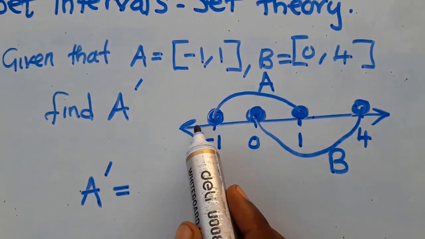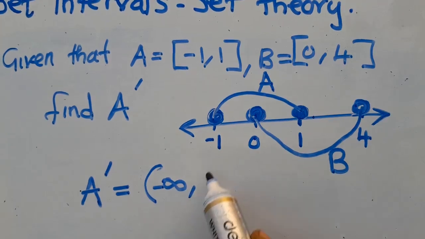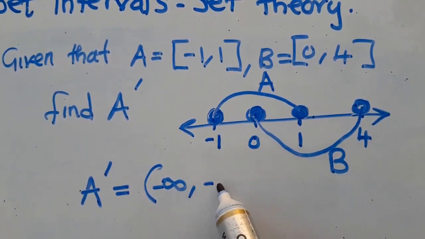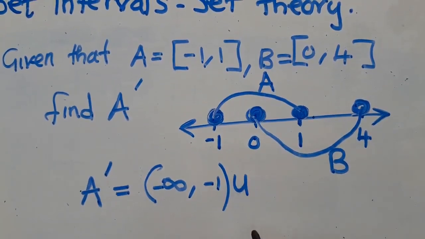From negative infinity, comma -1, which is not included. Because it is included there, in our solution it is not included. You say union like this.